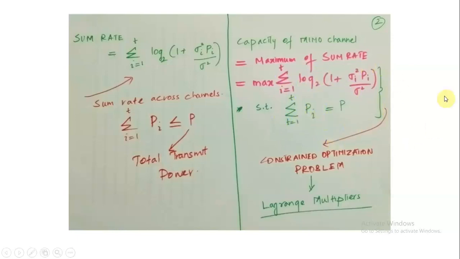So this complete problem has an objective function, which is to maximize the sum rate across all the channels, subject to this constraint. This whole problem is a constrained optimization problem, because we need to optimize the objective function with this constraint. We will solve it with the help of Lagrange multipliers.